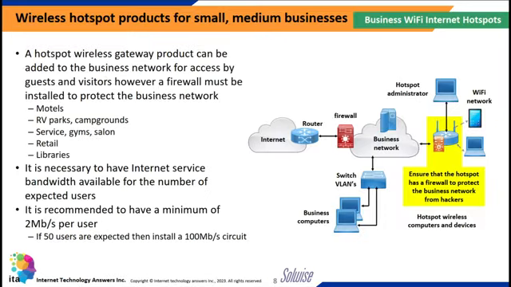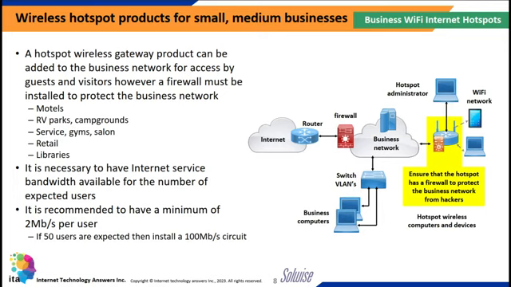So a little bit of detail on the business Wi-Fi hotspots. In the smaller installations, they can install a wireless product which provides the login page and can also provide any type of access control. And this is the motels, gyms, libraries. Libraries are a big customer for this type of service.